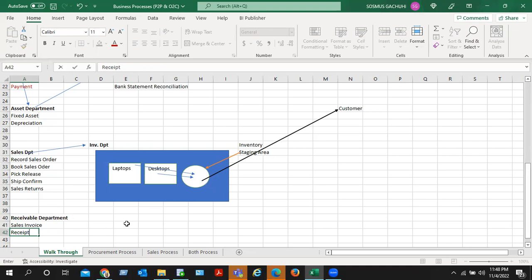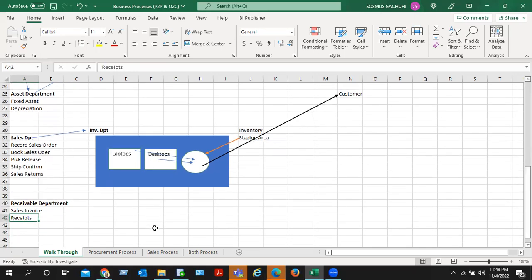They record the receipts of the sale in the organization, or from the customer to the organization. So again, all this information has to be communicated to the cash management department.